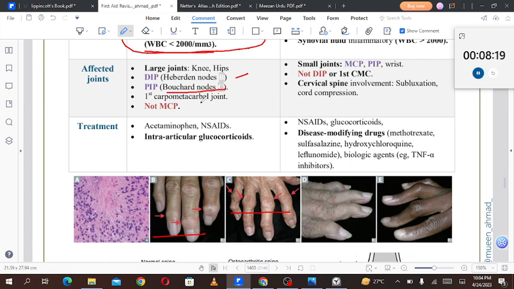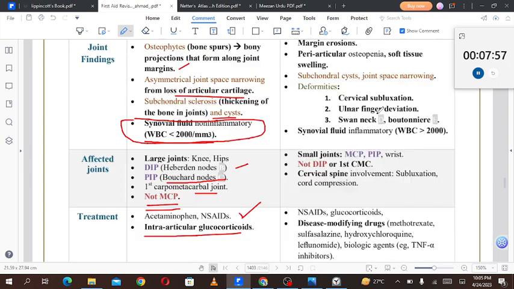The first metacarpal joint is involved, and no metacarpophalangeal joint is involved. In the case of osteoarthritis, metacarpophalangeal joints are spared. The distal interphalangeal joints, proximal interphalangeal joints, and first metacarpal joint are involved.